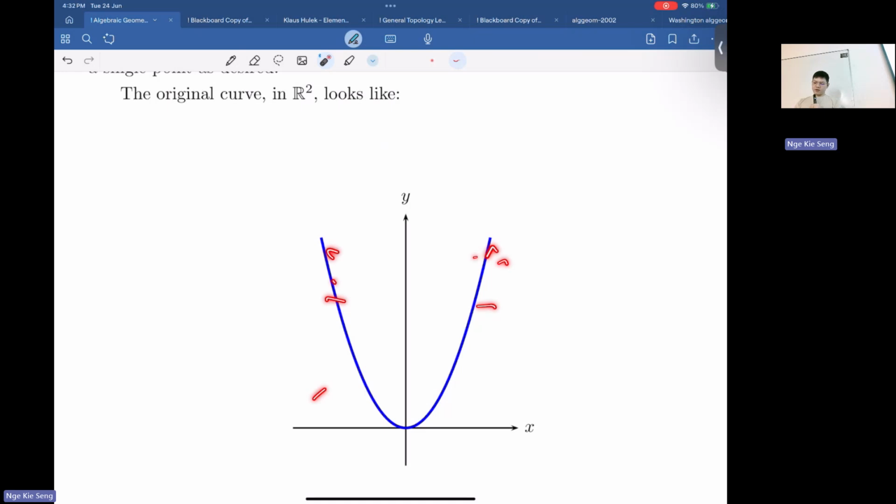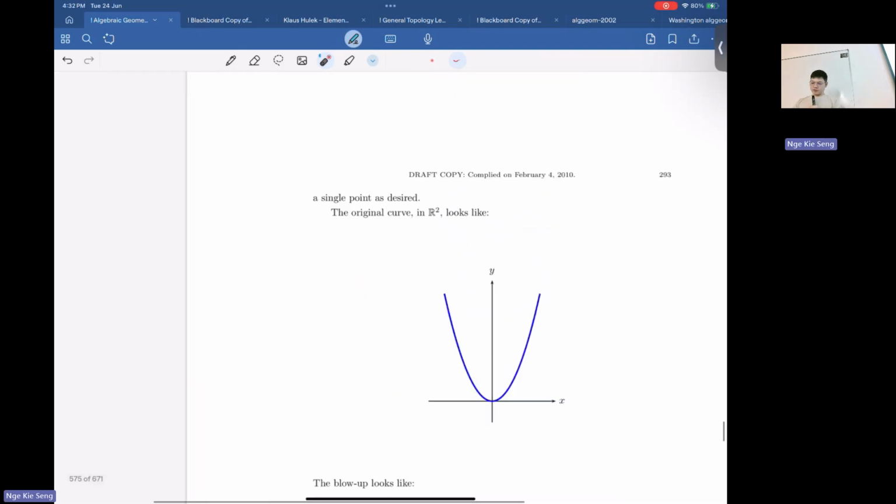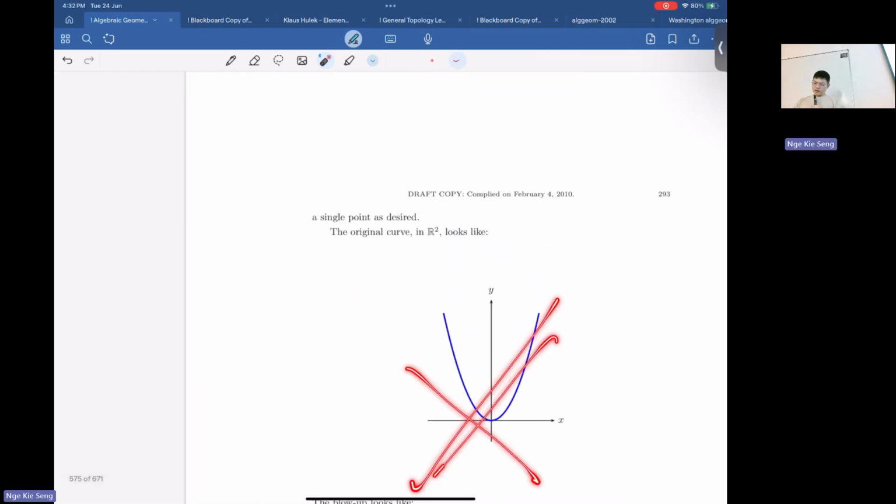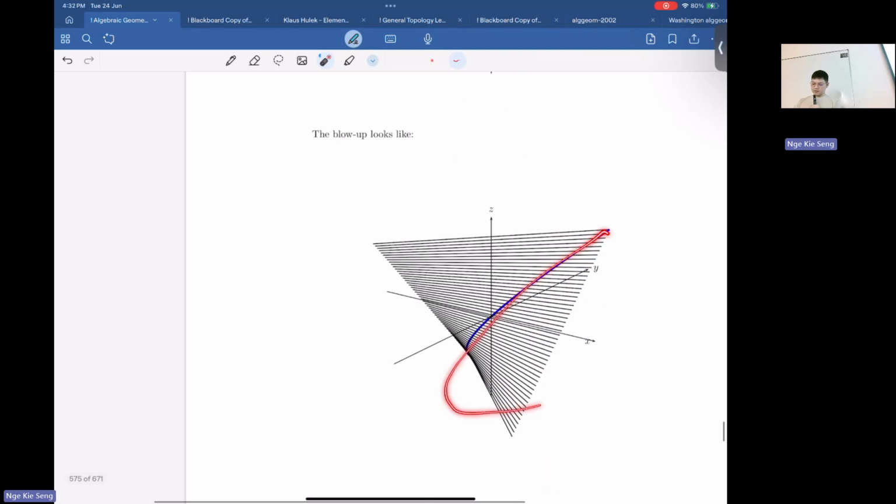So the gradients are negative to each other? Yeah, negative to each other. Okay, so how will you draw out the blow up? Okay, you need to check which line these points live on, and then plot the height out. Okay, so this is the blow up you get. Okay, makes sense or not?